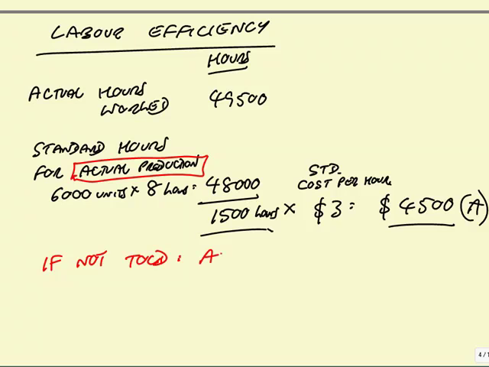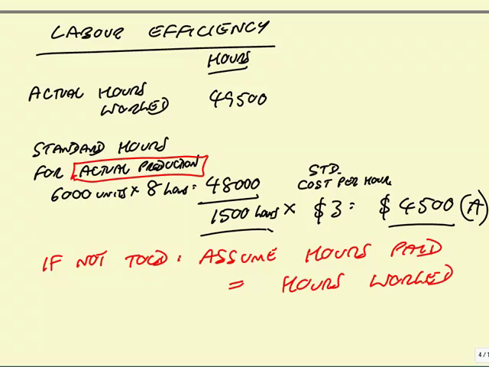But if all he says is it's 52,000 hours and nothing else, you would assume that's what we paid for and that that's what we worked. In that case, which variance would disappear? Idle time. Idle time isn't always there. Check carefully, but assume they're the same if it's the same. Good. Easy. Lovely. No tricks. Learn the rules. It couldn't be nicer.